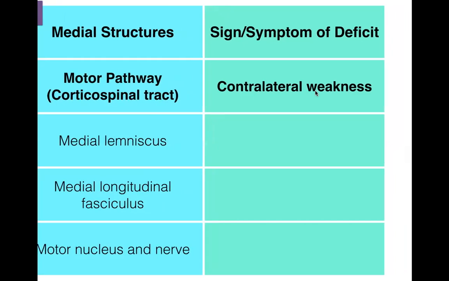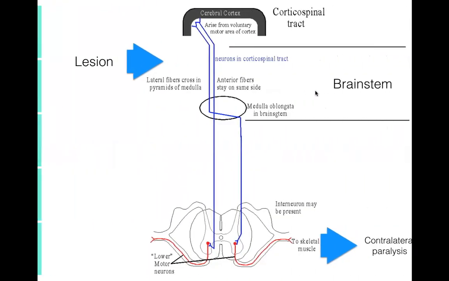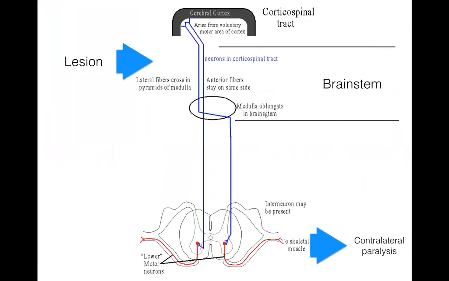Let's trace this pathway based on its origin and destination. So we all know that the corticospinal tract originates from the cerebral cortex, primarily from Brodmann area number 4, or the primary motor area. So the neurons here send out axons that would descend downward in the brainstem. Now, upon reaching the medulla oblongata, 90% of the fibers cross over to the contralateral side.